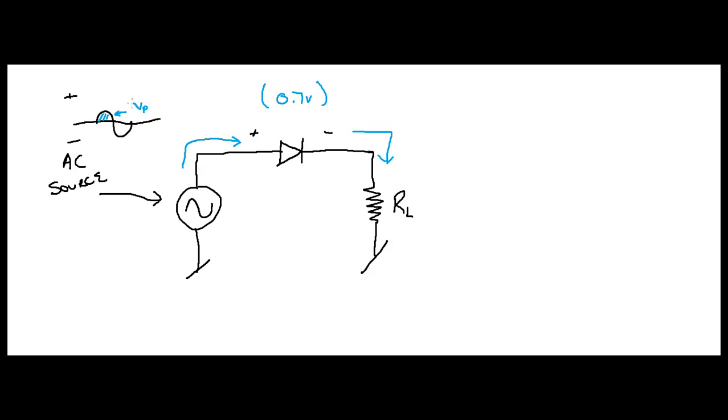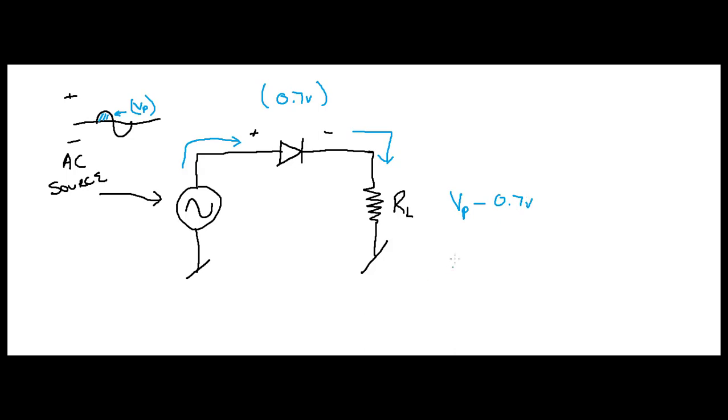Sometimes it's just denoted as VP. So the peak voltage going across this load resistor is going to equal VP of your AC source minus 0.7 volts. Got it?